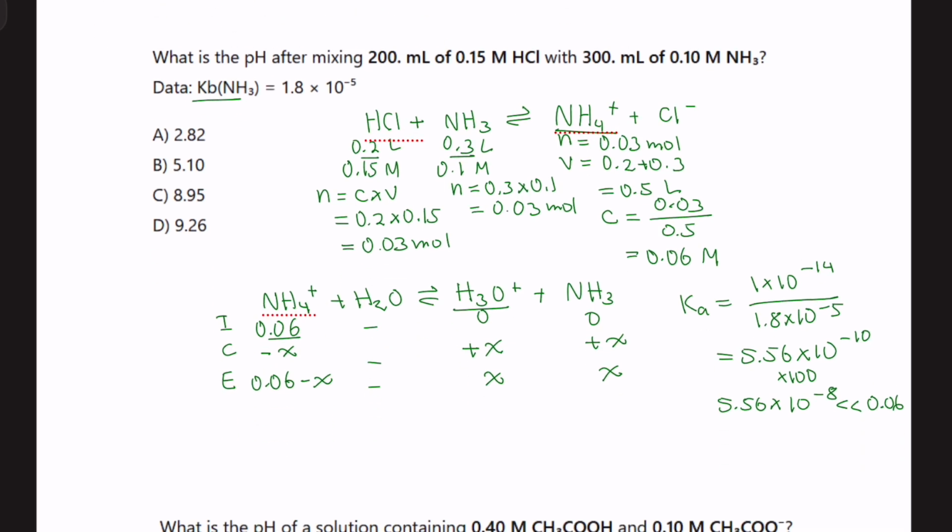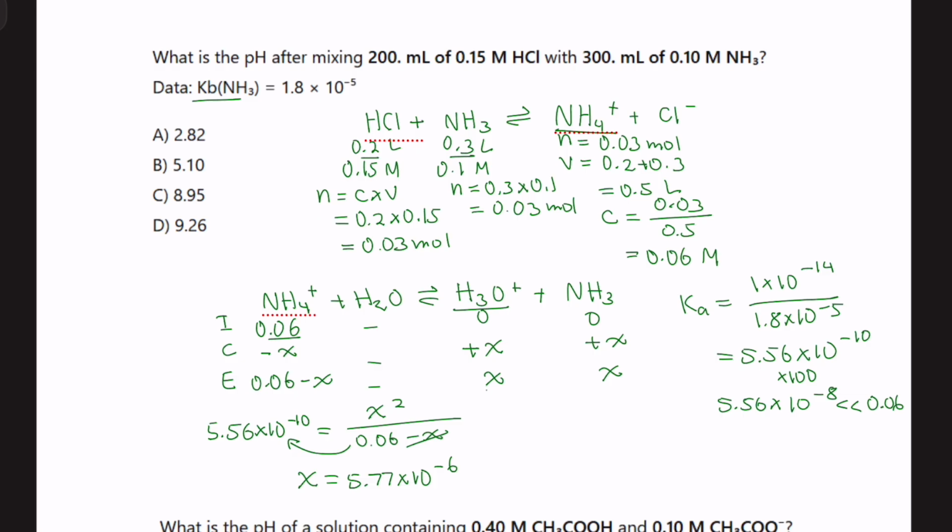So now I can use my Ka expression to find what x is. And because x is small, I can ignore this x over here and simply multiply 0.06 over to this side. So if you calculate this, x will be 5.77 times 10 to the negative 6.